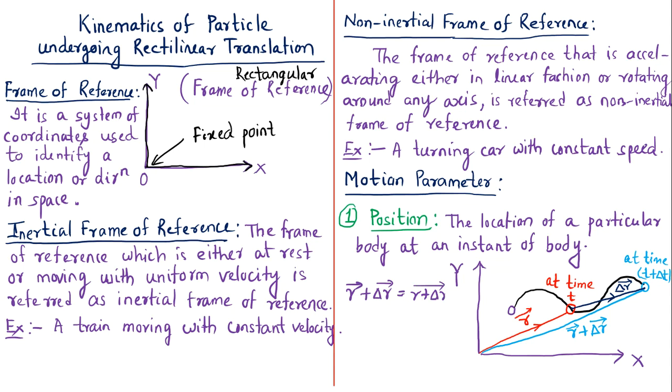Clear? Got it? Or I can say the initial position of the body is Ri, known as the initial position vector.